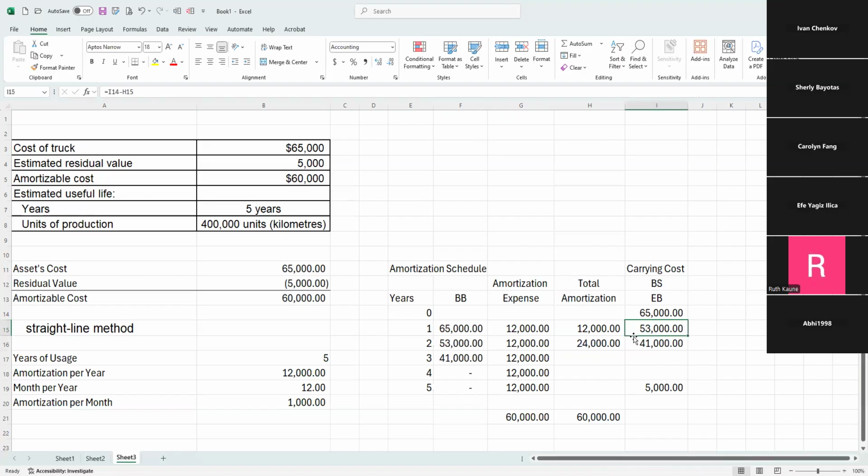And we're going to keep going. So I have to adjust this formula here to be this amount minus the current year amortization. So once I grab those and just fill the gaps, I'm going to have my amortization schedule.